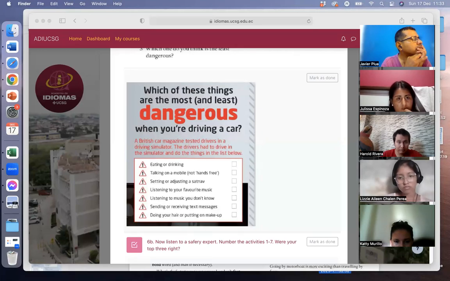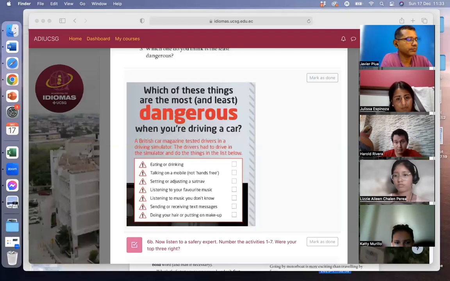And the most dangerous? Doing your hair and putting on makeup. Okay. Lizzie, what do you think? Which one is least and most dangerous?